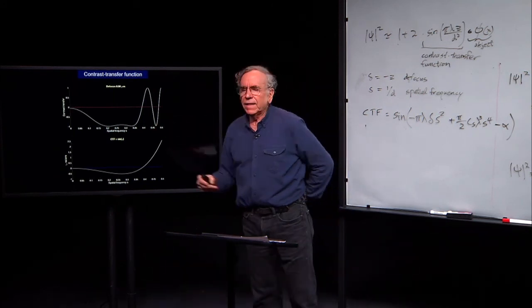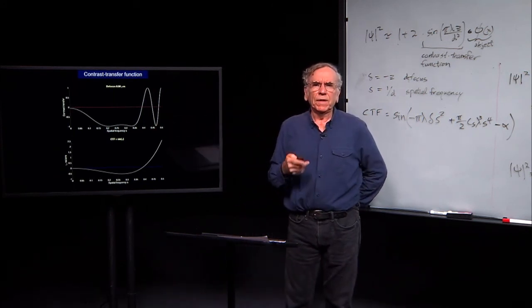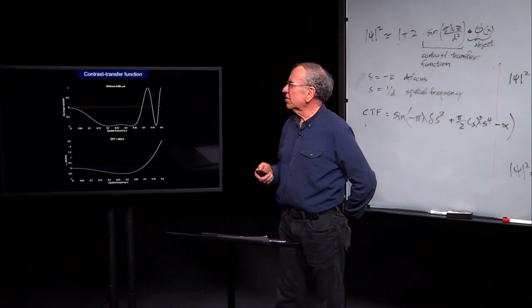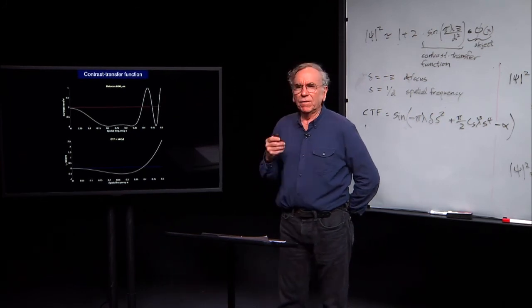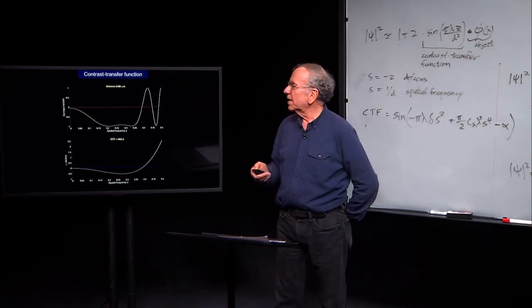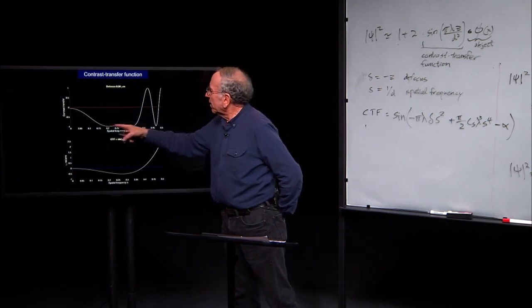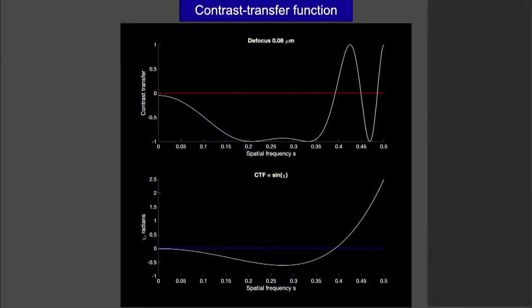In fact, the material science people like defocusing their microscope by a particular value. I mentioned before the Scherzer defocus, which is where the minus s squared and the plus s to the fourth terms approximately cancel, and so you get a nice amount of negative contrast over a good fraction of the frequency range.